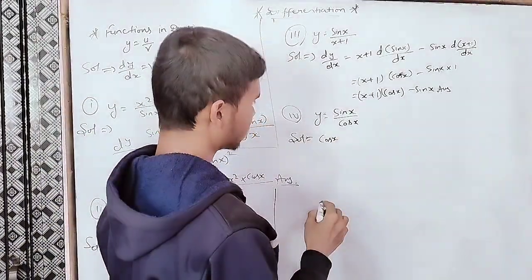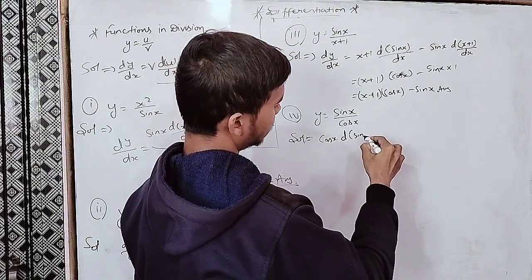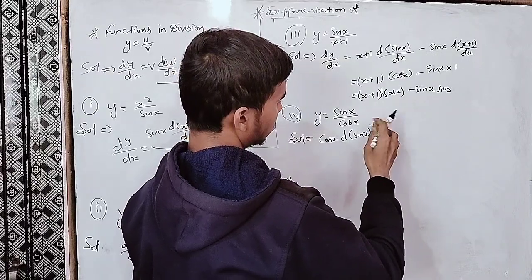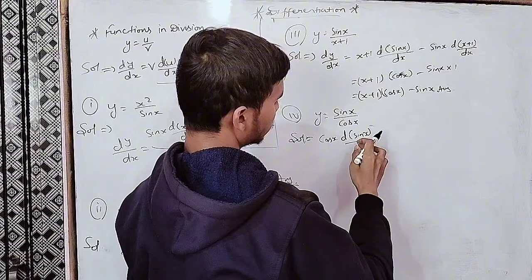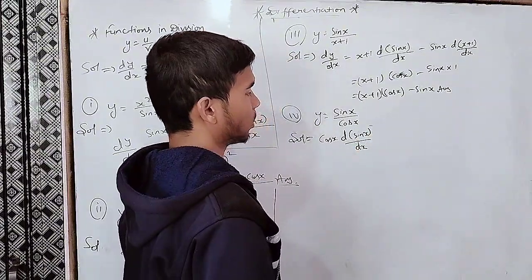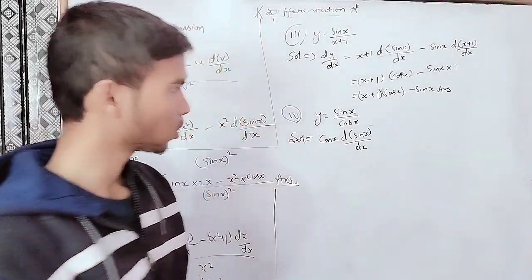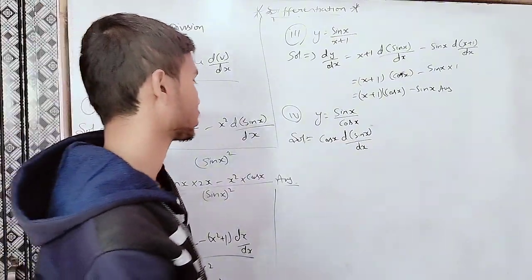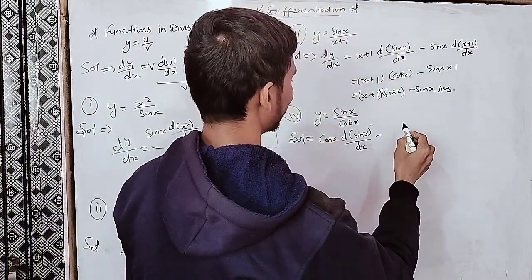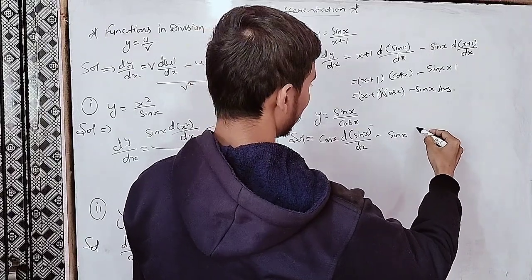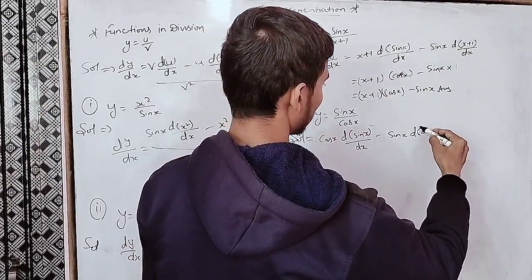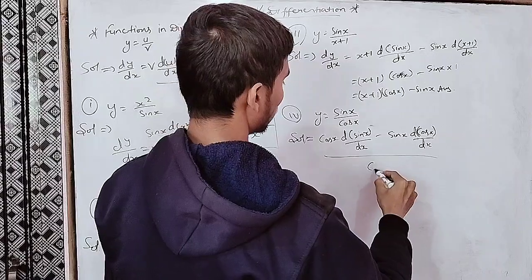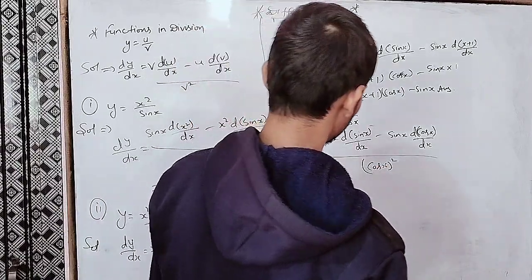Cos x, d sin x by dx, cos x, subtraction, then sin x, then d cos x by dx, then upon cos x square. Got it?